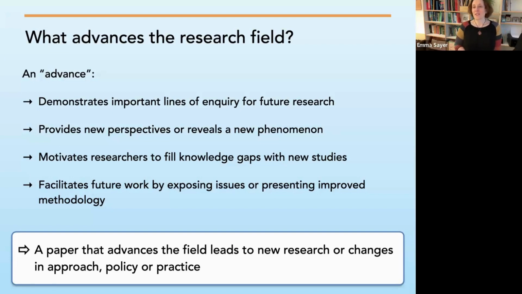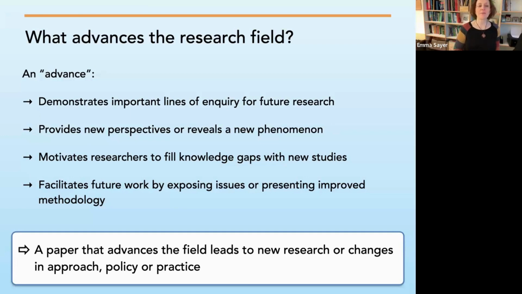A study really advances the field when it actually motivates other people to fill knowledge gaps with new studies. So have you revealed a big knowledge gap that we really need to fill? And of course, it facilitates future work, for example, by exposing new issues, presenting new, improved methodology, demonstrating that old methodology hasn't provided the right results, and so on and so forth.